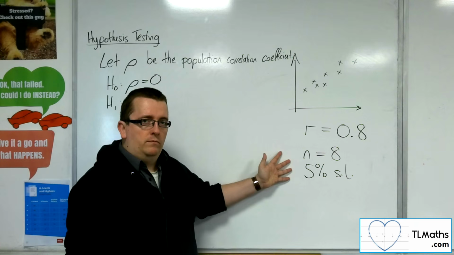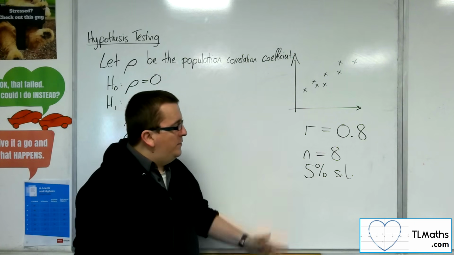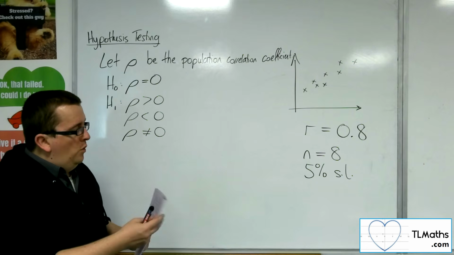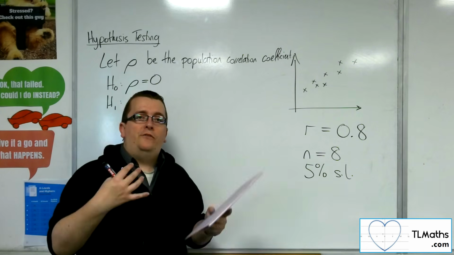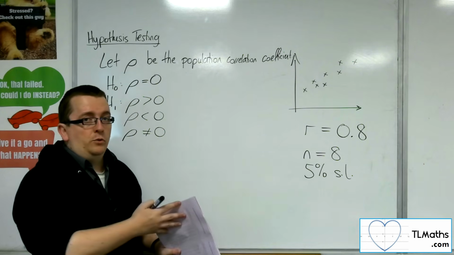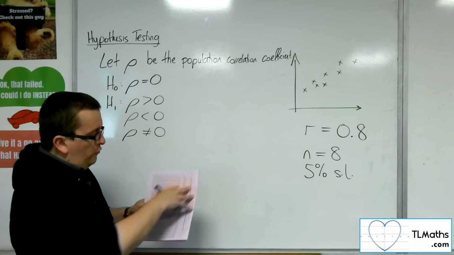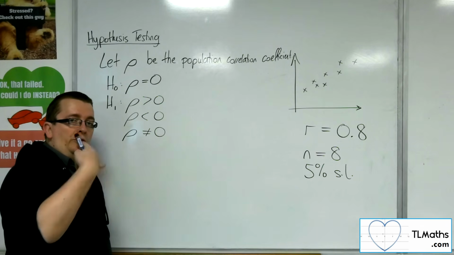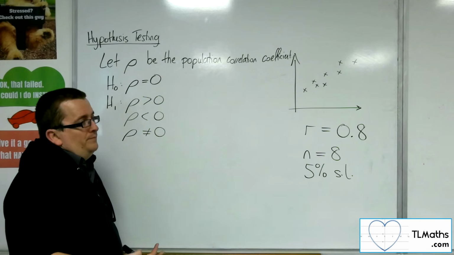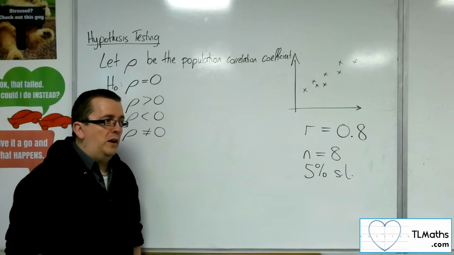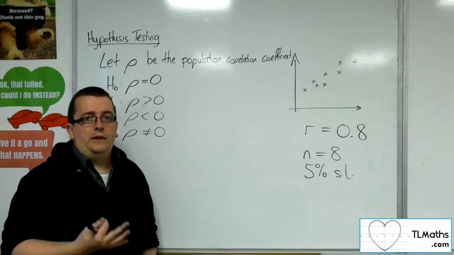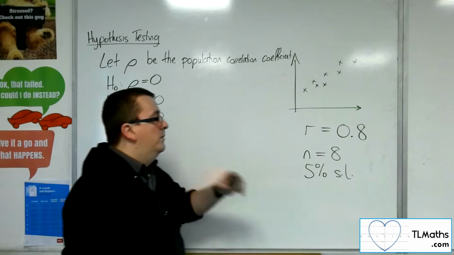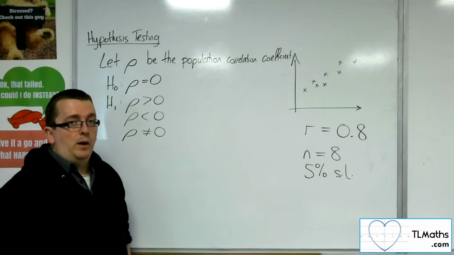Now you would need to have a value, the critical value, that is given by that information. Depending on the exam board that you're using, you may or may not have a set of statistical tables. It won't look exactly like this because this is from the old spec, but you will have some tables based on this. If you're doing Excel, for example, you will have a set of statistical tables, and one of them will be the product moment correlation coefficient tables where you could look that value up.